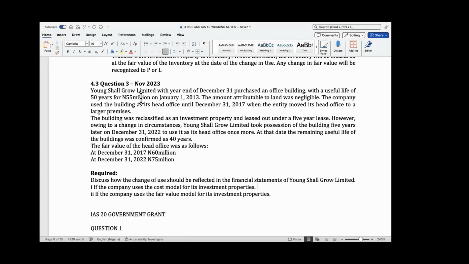He bought a building in 2013, on January 1st. The building has 50 years. It costs 50 million. Now, they were using it as head office, meaning it was PPE, until December 2017. That's for 5 years, 13, 14, 15, 16, 17. So they decided to move the head office.